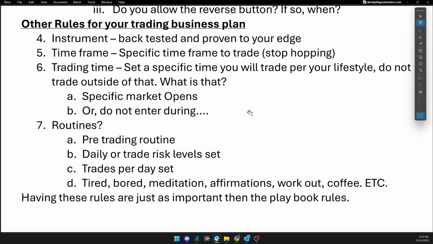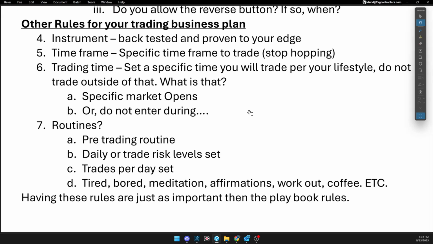Your trading time. Set a specific time you will trade per your lifestyle. Do not trade out of that. What is that? That's a specific market opens. I trade New York Open. After New York Open, Asian, I will allow myself to take a trade on 2 of my instruments because they move the most during the New York Open.